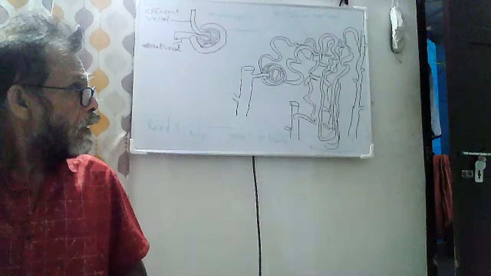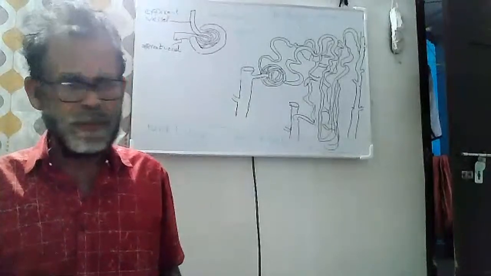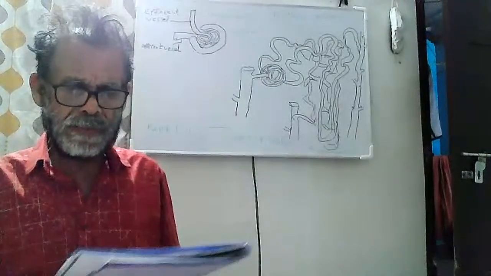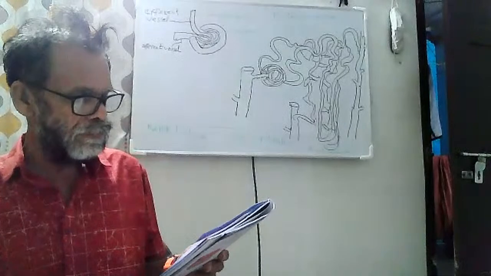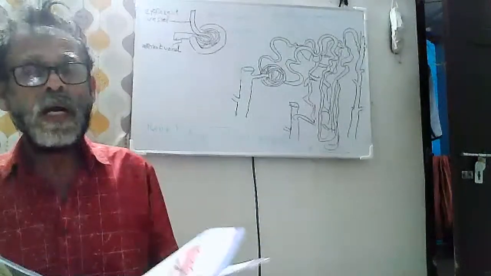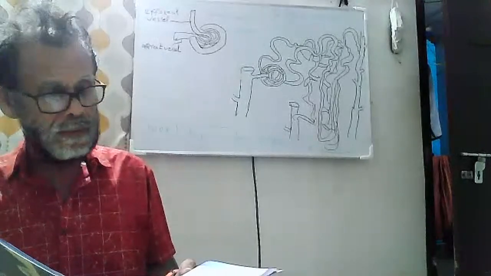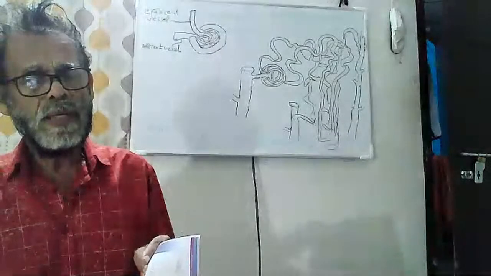In the section of the kidney, the outer region is called the cortex, and the inner region is called the medulla.